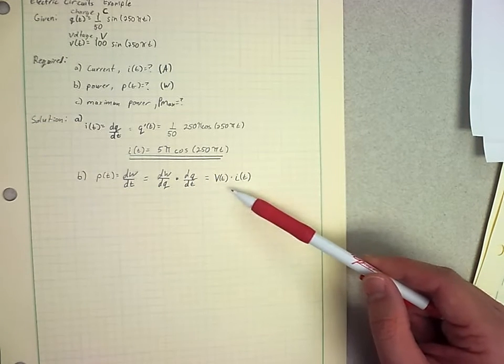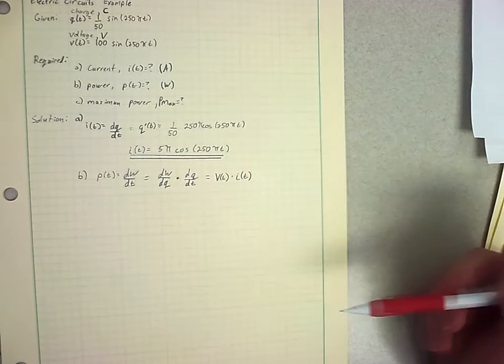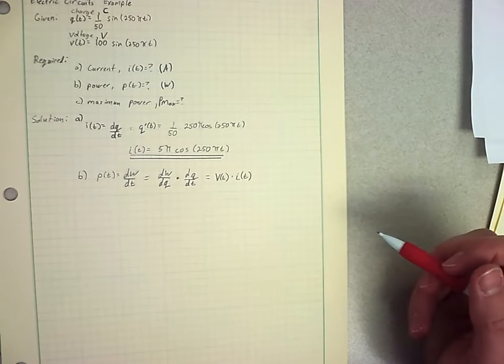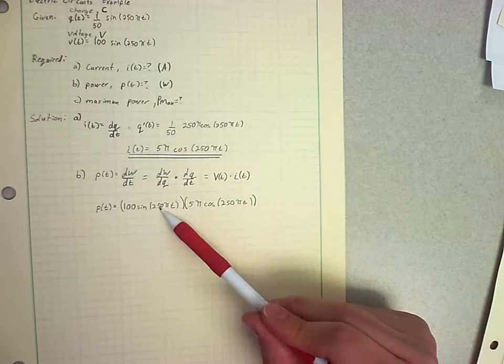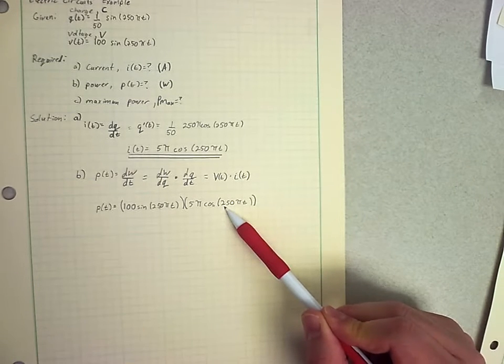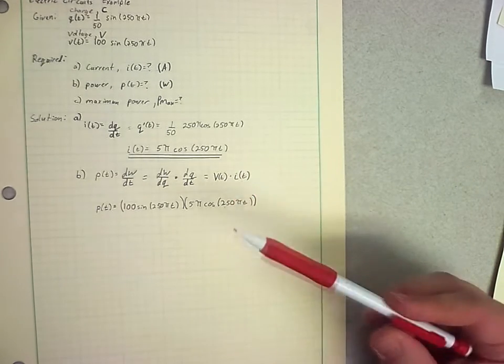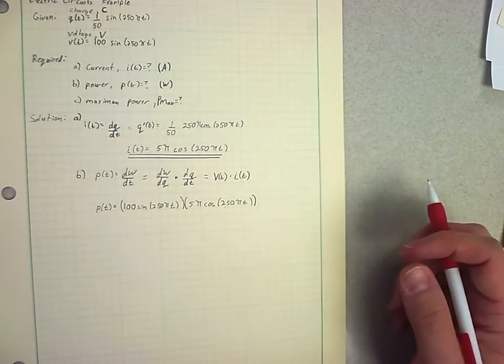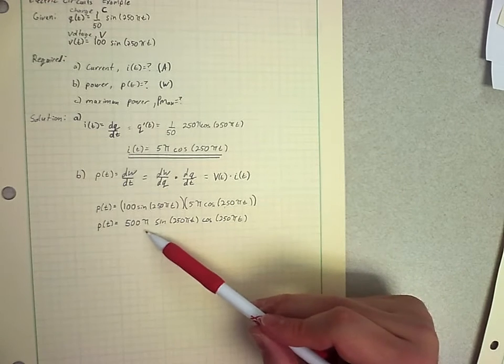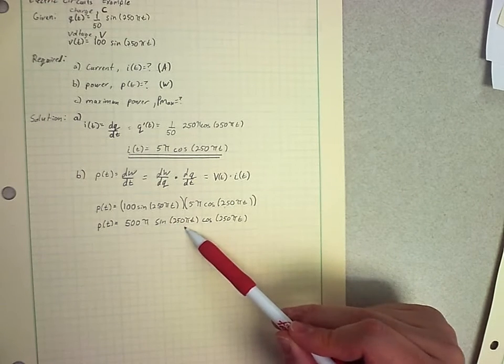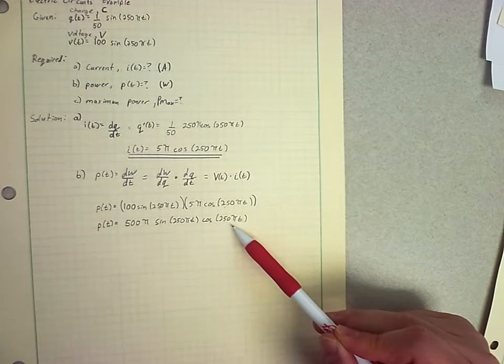So now we have two expressions that we know, and we can plug them in and try to solve for power. I have the expression for voltage and the expression for current, which I just solved above. I'm going to multiply those two things together, and I get 500 pi times the sine of 250 pi t times the cosine of 250 pi t.